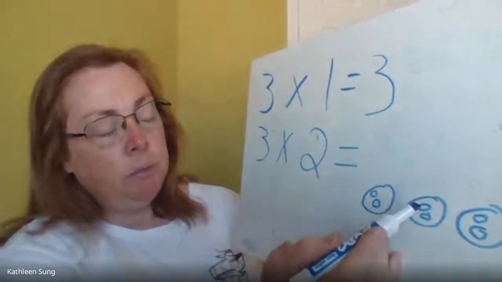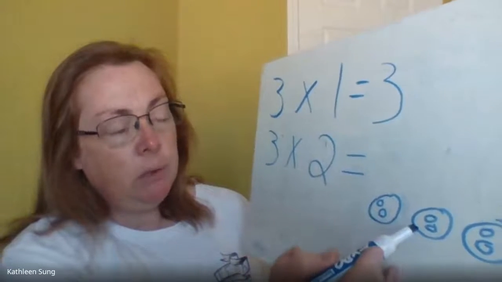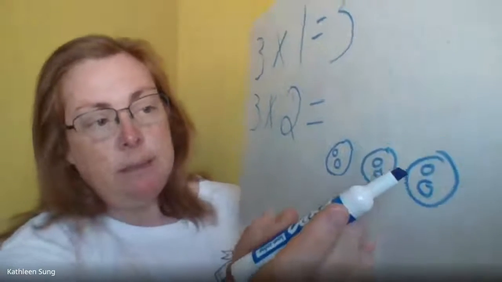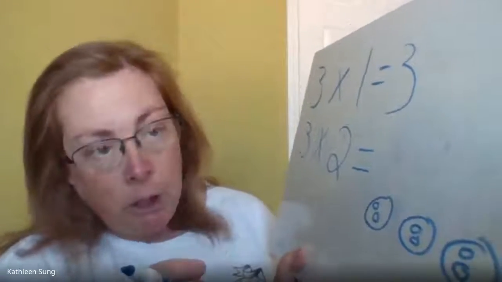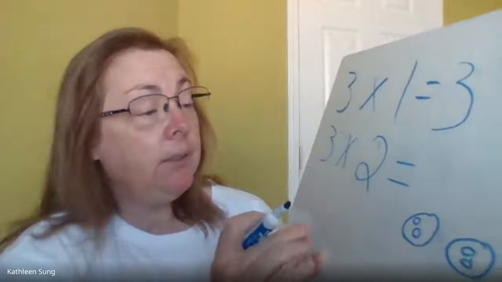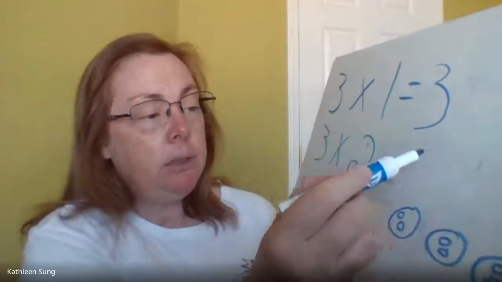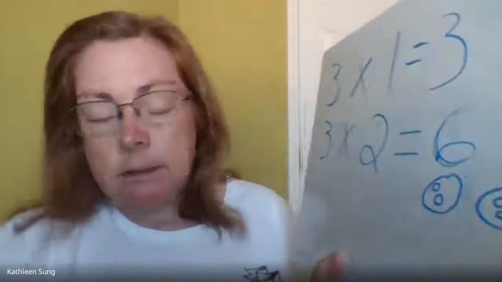So 2 plus 2 plus 2. I could add it 3 times. I could say 2 plus 2 is 4. 4 plus 2 is 6. Or I could go 2, 4, 6. But is that the most efficient? Nope. But is memorizing 3 times 2 efficient? Yeah, it's very efficient. 3 times 2 is 6.